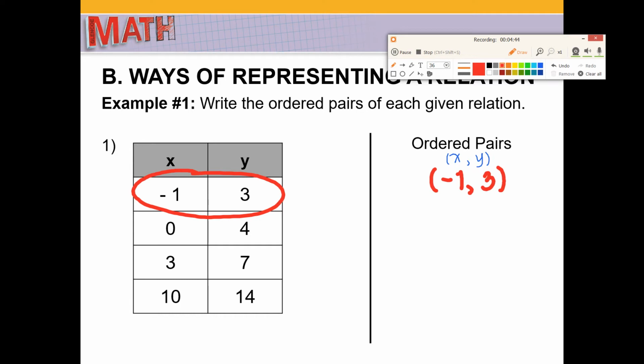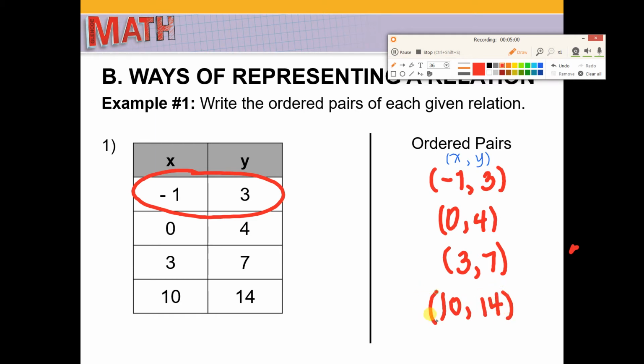And then the second set would be 0, 4, and then 3, 7, and then 10, 14. So these are your ordered pairs from the given table.